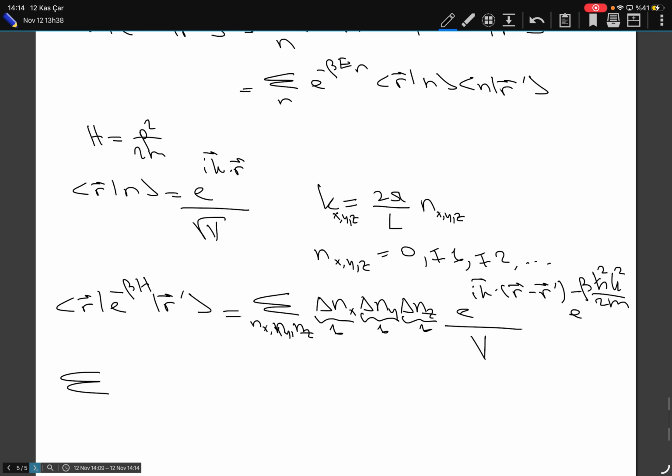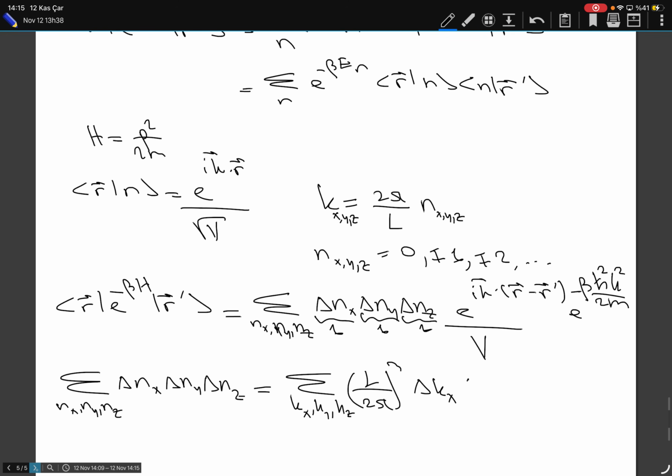Now, the sum over n_x, n_y, n_z, delta n_x, delta n_y, delta n_z, is actually the same thing as summing over all allowed values of k_x, k_y, and k_z. And delta n_x will be just (L over 2 pi) cubed delta k_x, delta k_y, delta k_z. I'm just making a change of variables.